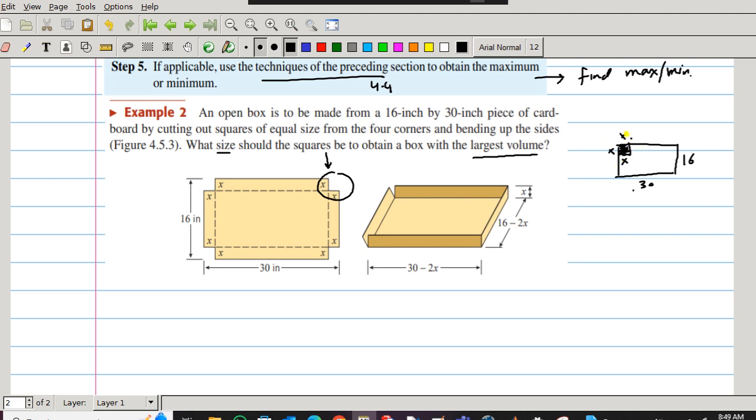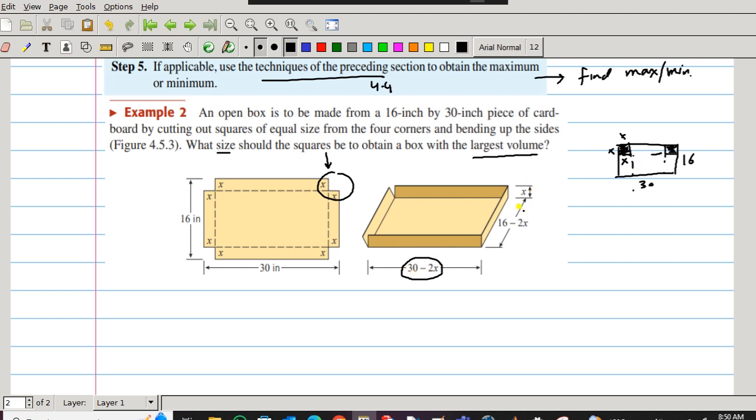After cutting it, let's say a square is gone from here, a square is gone from here. When I bend it from both sides, the length of the box will become 30 minus 2x, because 1x is gone from this side, 1x is gone from this side. We bend it, so the new length of the box is 30 minus 2x.